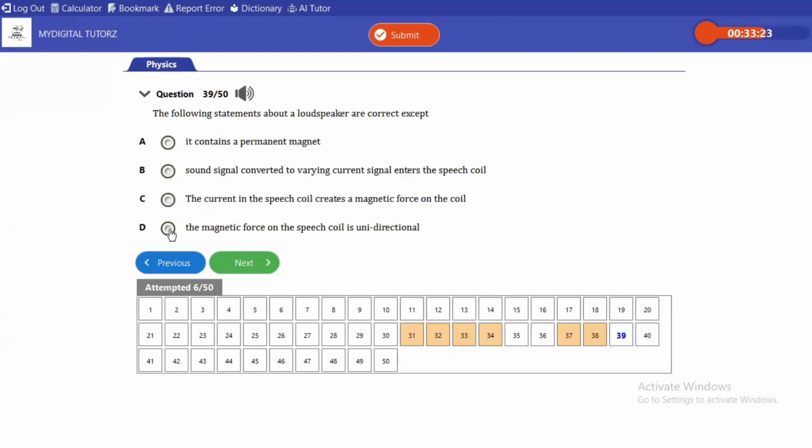The only odd one here is that the magnetic force on the speech coil is unidirectional. It is not unidirectional because the signal changes, the sound speech also changes. So it is multidirectional or bidirectional. So the correct answer here is option D. I hope we are together.